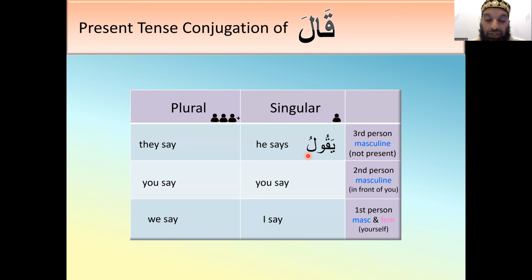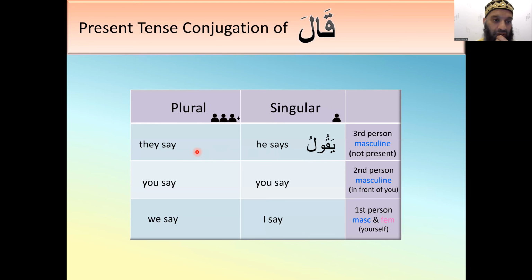Now you know the rest should be like clockwork. Remember, the yas and the tas and the alif and the noon don't change. Just the formation of the root word, which is weak, changed a bit. So it became yaqulu. Yaqulu means third person, remember? Yaqulu, he says. So how am I going to say they all say?